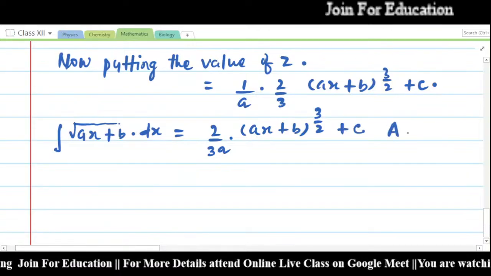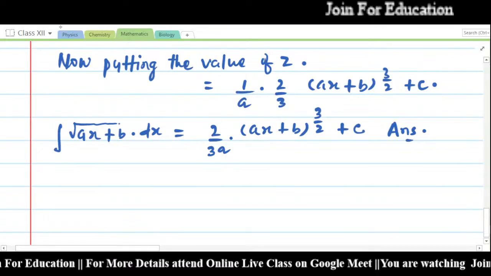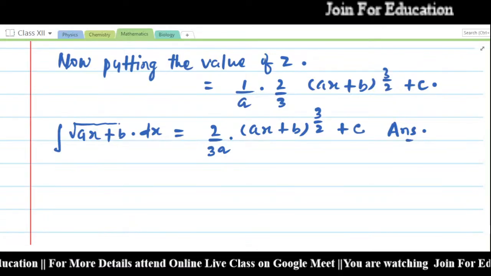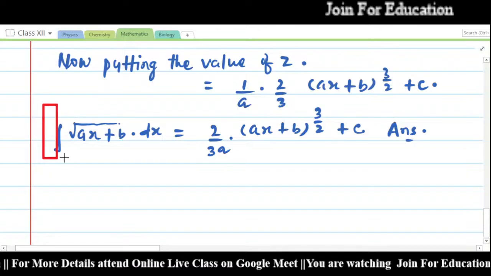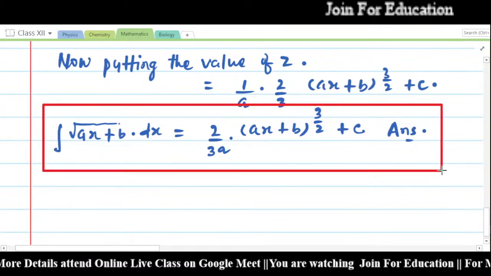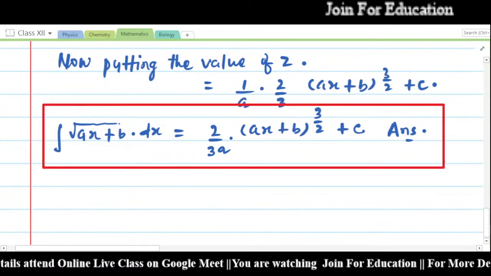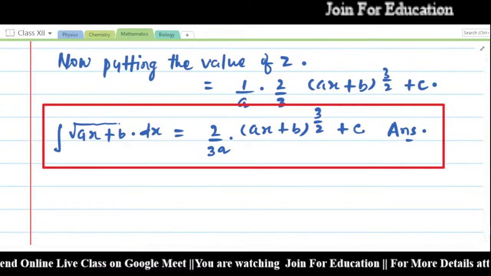This will be the answer of this question. There is no problem to understand the solution of this question. Let's see once again.